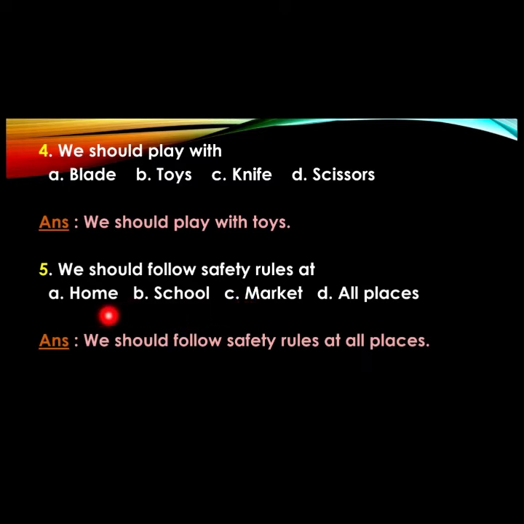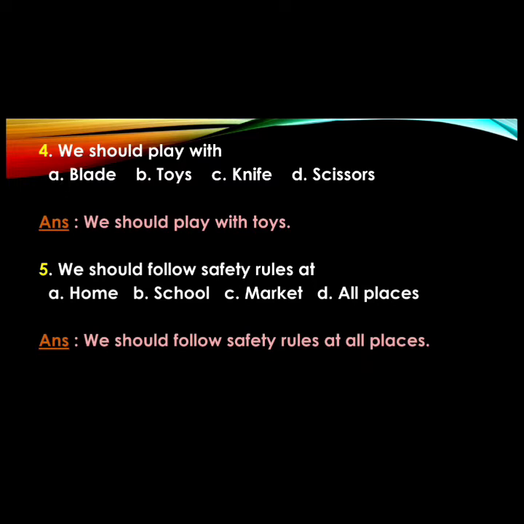So in all these 3 places we should follow safety rules. That means the correct option we have to choose is option D, all places. We should follow safety rules at all places. Till now we discussed all the answers of question A.